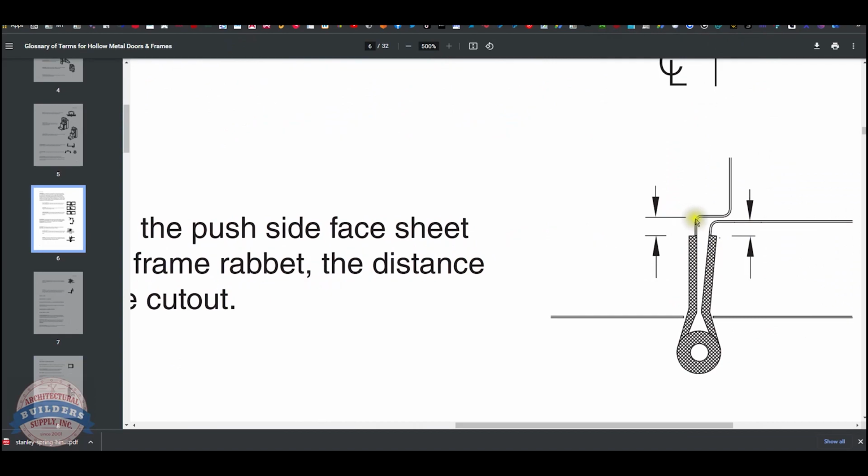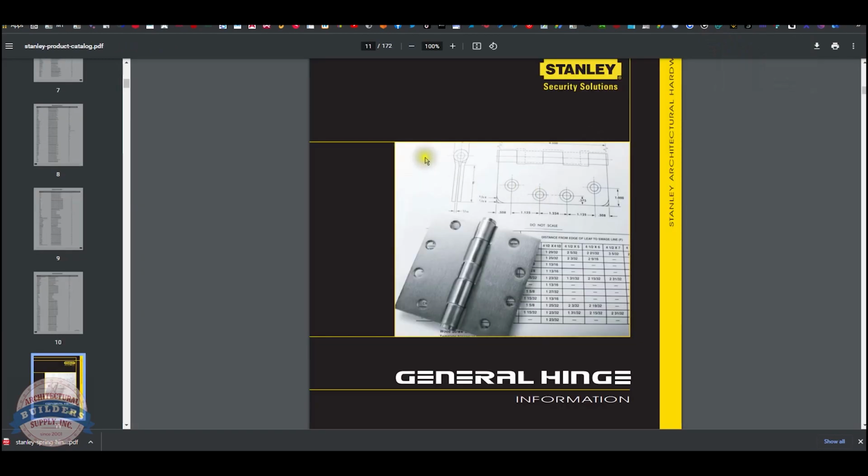Depending on that, my hinge backset was closer to 1/8 of an inch. You make a door that's got a 1/4 inch backset, those doors are not going to fit those frames. So hinge backset's really important to wrap your head around.